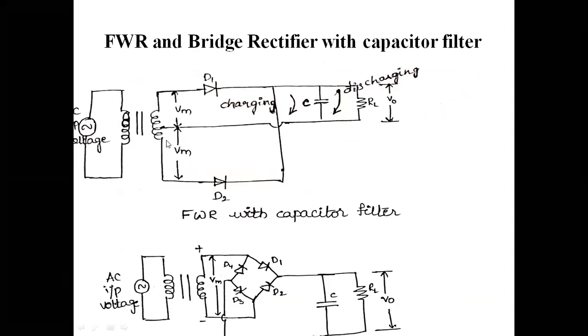The cut-in point is the start of conduction, and the cut-out point will give the end of conduction. From the end of conduction up to the next start of conduction, we will consider the time as discharge time. Across these two points, cut-in and cut-out, I can consider that time as charge.